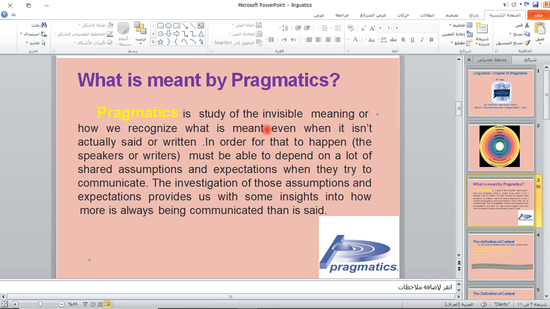In order for that to happen, the speaker or writer must rely on a lot of shared assumptions and expectations, shared knowledge between speaker and hearer when they try to communicate. The investigation of those assumptions and expectations provides us with some insights into how more is always being communicated than is said.